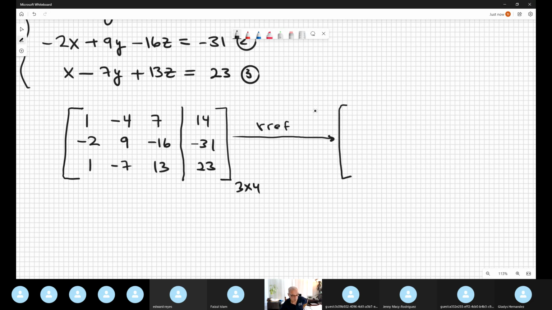Whoa, it's complicated. 1, 0, negative 1, the vertical line that separates the coefficients in front of the variable on the right hand side number. 0, 1, negative 2, negative 3, 0, 0, 0, 0. What happened with the third equation?